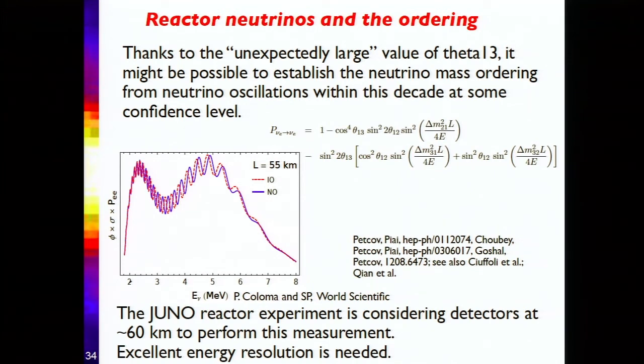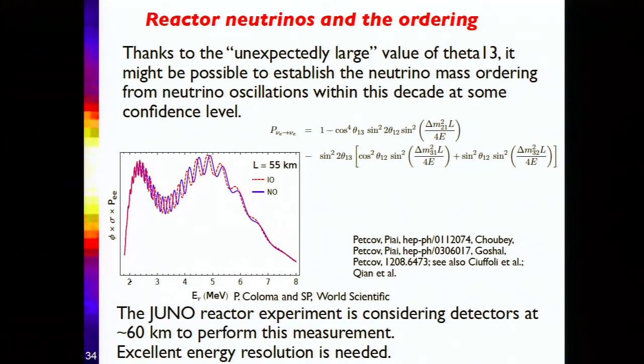Instead, what I'm going to discuss in a little bit more detail is determining the mass ordering in long baseline experiments. Long baseline experiments are experiments in which you use accelerator neutrinos, and the distance between the source, which will be an accelerator complex, and the detector is several hundred kilometers, if not over 1,000 kilometers.